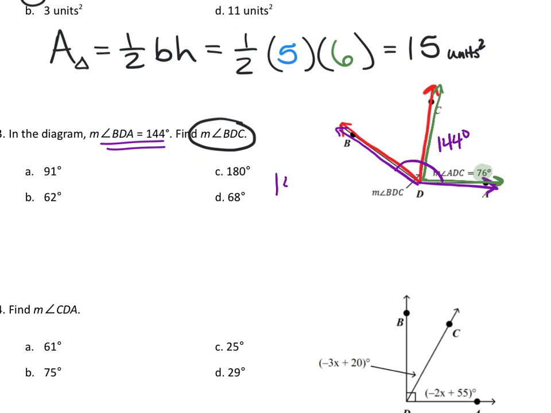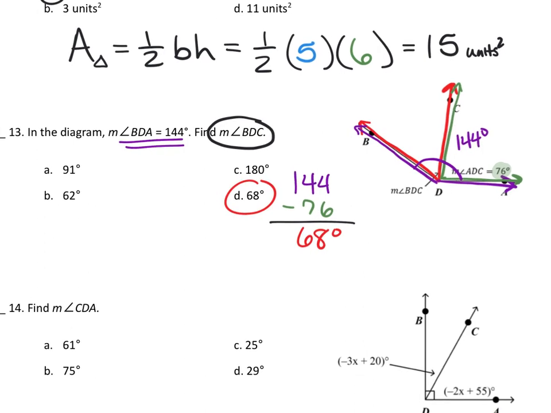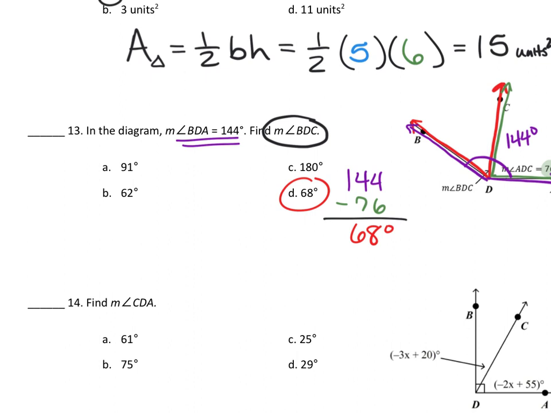Very good. We're just going to do 144 minus 76 to get our answer. And what is 144 minus 76? 68. So we answer D, 68 degrees. That is the idea of the angle addition postulate, meaning little angle plus little angle equals big angle.